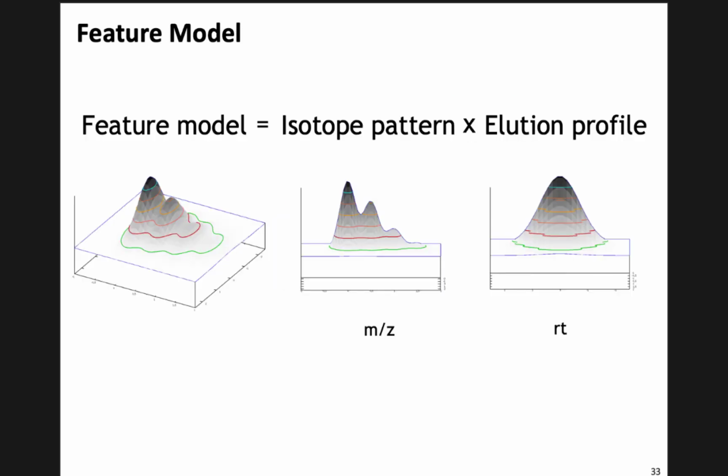So most of these feature finding algorithms assume a feature model, some statistical description of the signal that we have. And it's fairly straightforward because we know the physical processes that lead to this feature. We know that there is a separation process along the retention time that should result in a Gaussian elution profile.